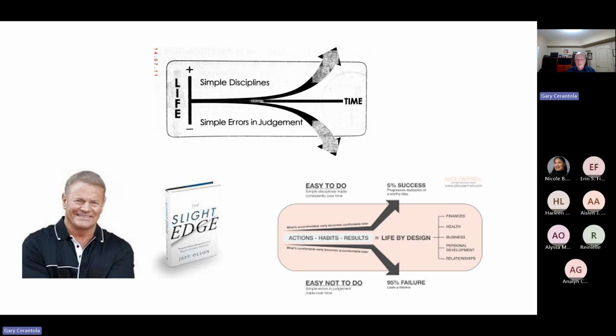Just one more little advertisement. There's a guy by the name of Jeff Olson, and he came up with this interesting piece about how you don't get somewhere overnight, right? What you're doing is the simple things that you do right add together and create a compounded outcome.